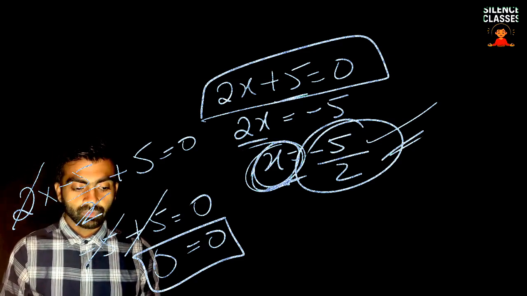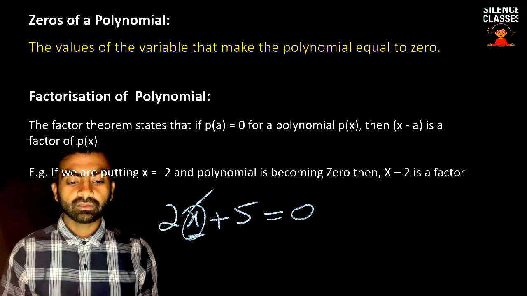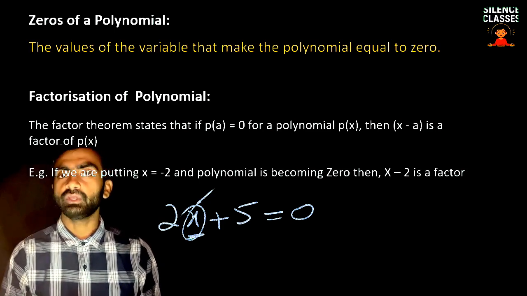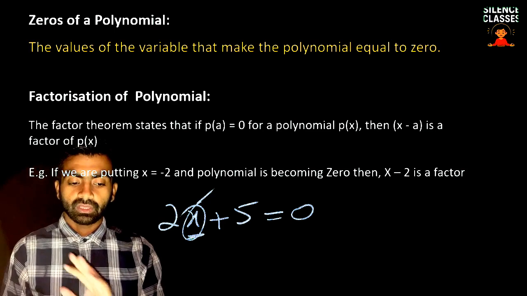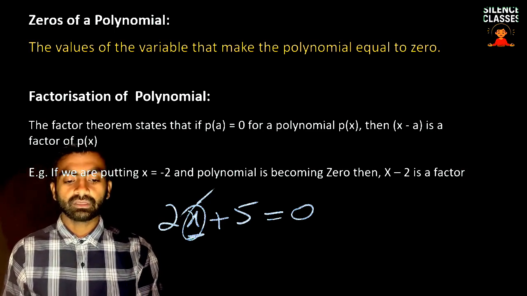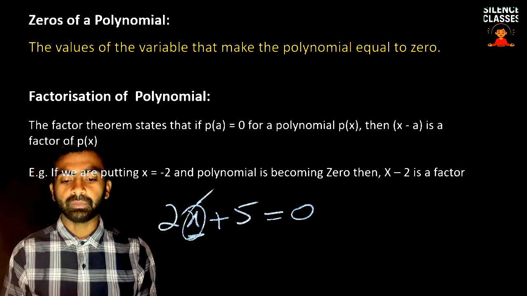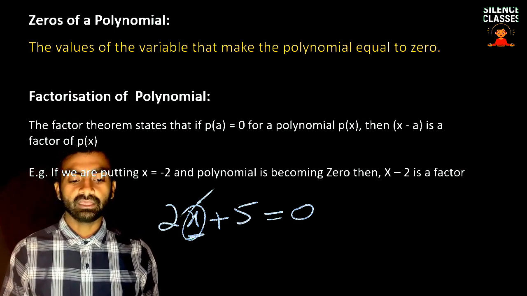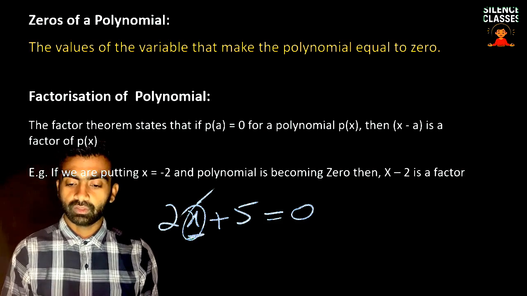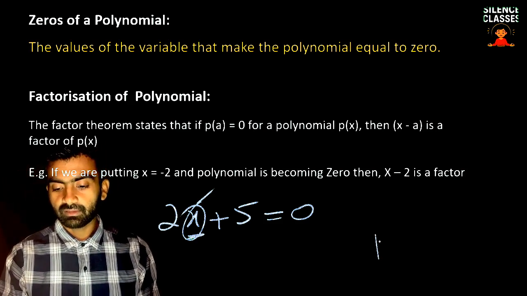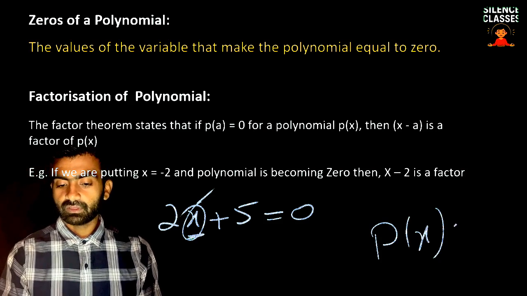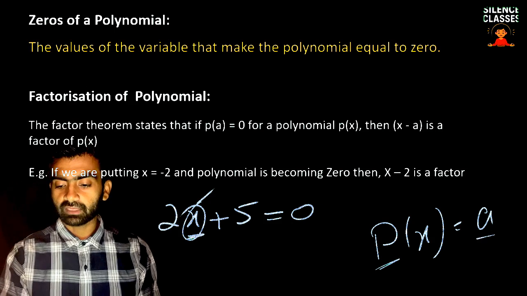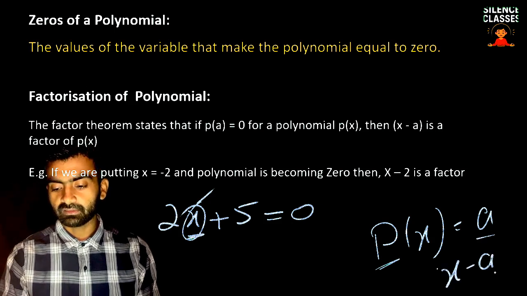Now, what is the factorization of a polynomial? What exactly is factorization? The factor theorem states that if p(a) equals 0 for a polynomial p(x), then x minus a is a factor of the polynomial.